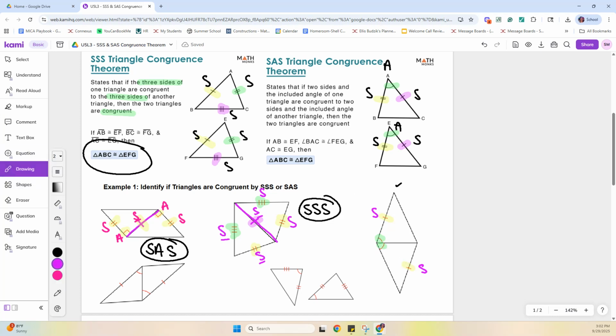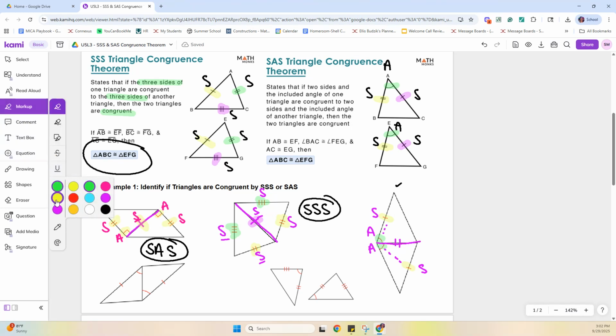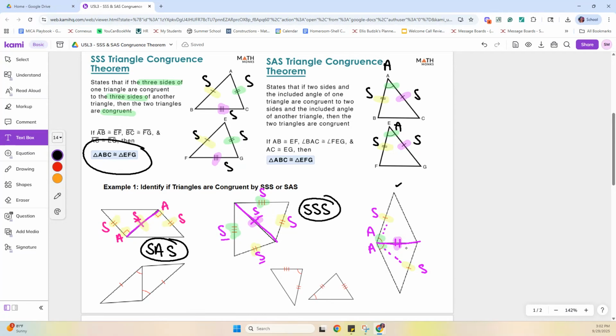Like this versus this are 2 different angles. So let's mark it just to see what happens. Now, we also have an overlapping side right here, so I can mark that if I want. I'm going to mark that with 2 tick marks since we already used a tick mark. So we'll use purple to highlight this one. And like I said, technically that is a side as well.